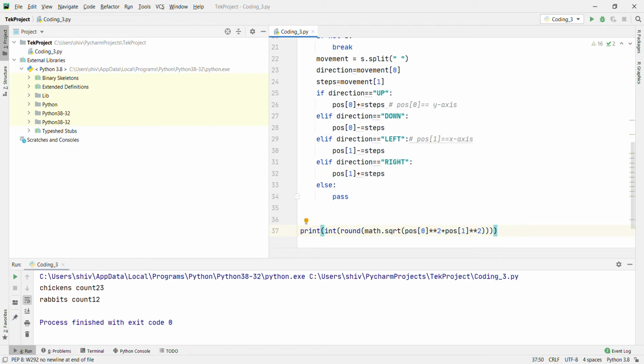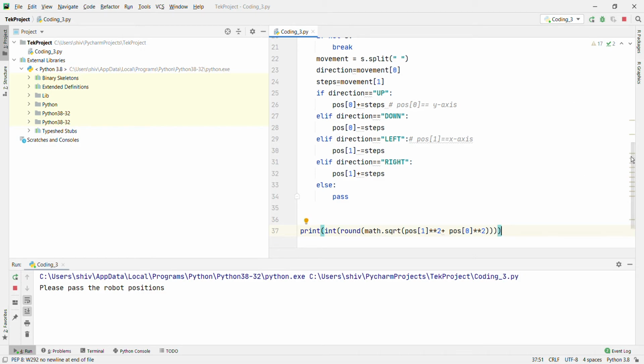Now we are going to convert it with integer, round it, and give the integer value. We can use position 1 here also to make it easy to understand: x is the x axis and y is the y axis. The square root of x square plus y square, right? Now let's run and see it.